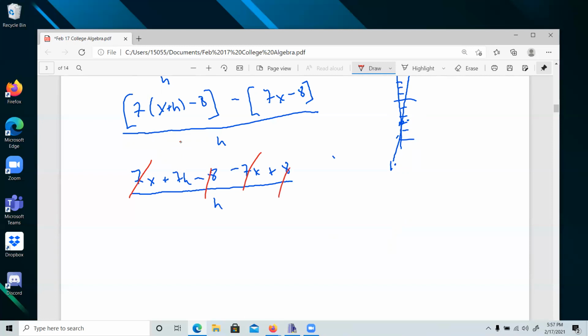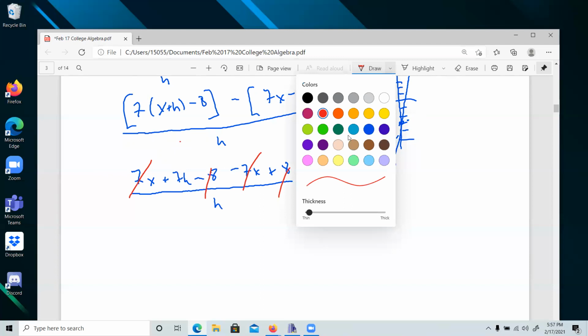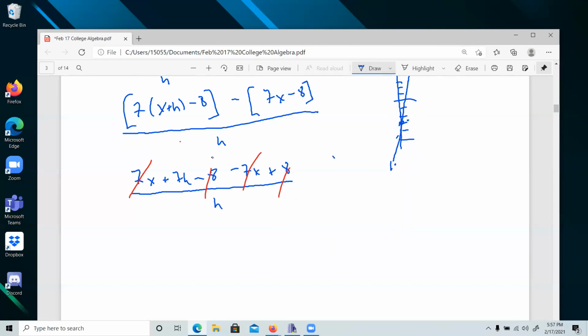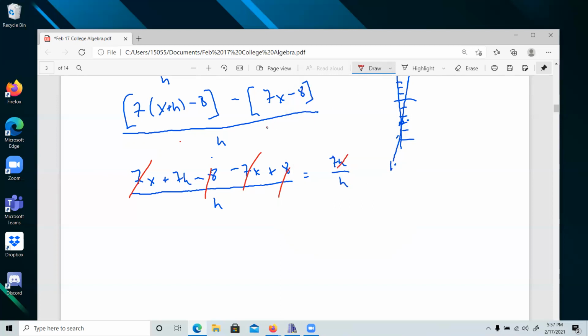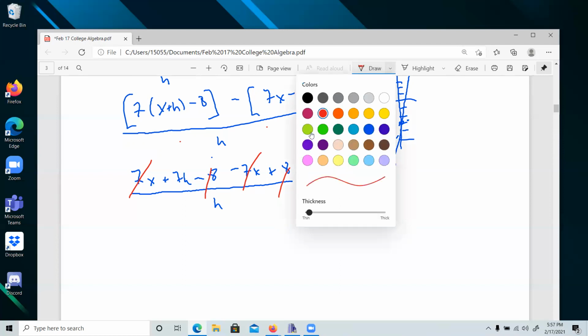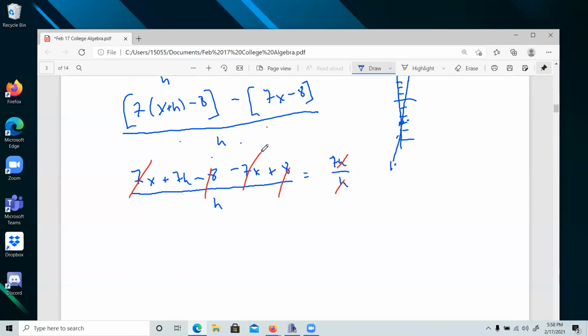This 8 and that 8 cancel. And all we're left with is 7h over h. What's my finishing condition? The finishing condition is, did I cancel the bottom h? Well, here we go. We canceled it. So now it's a 1, and my answer is equal to 7.